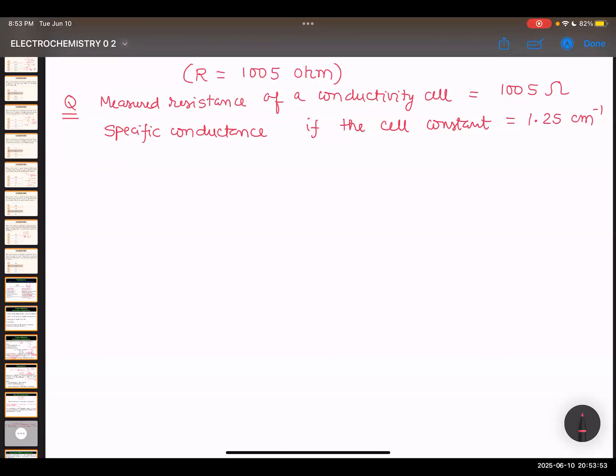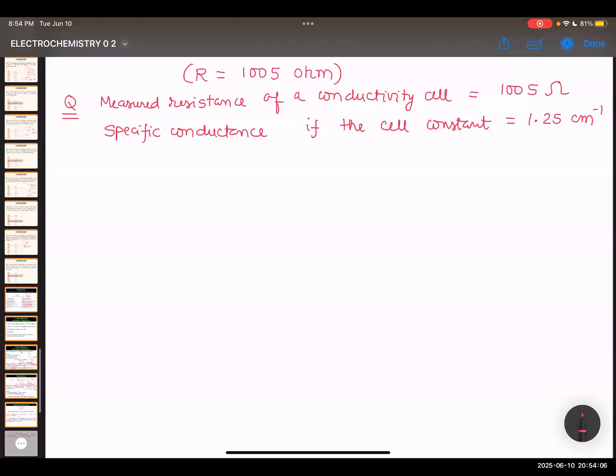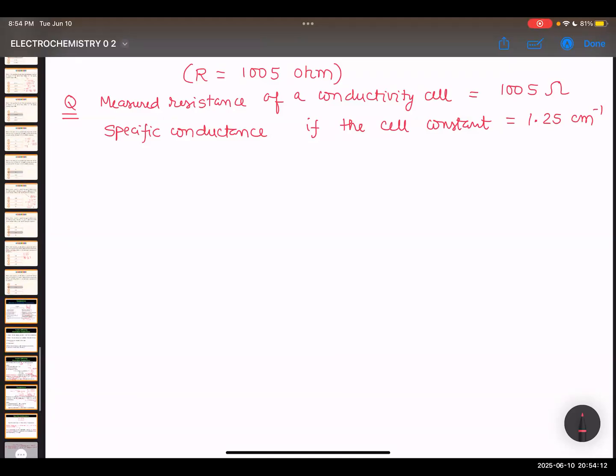How are we going to attempt it? Jasleen, Ibrahim, Aisha, tell me. Resistance is given, but specific resistance is not given.